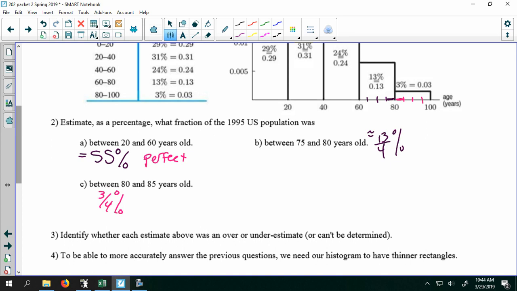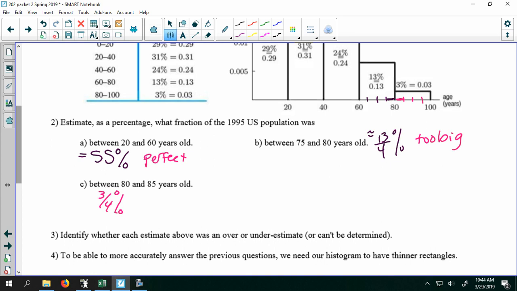Probably more towards 60 because 80 is like pretty old, right? People start to die. So this 13/4% is probably an overestimate. It's probably too big. There's probably more people down at this end than up at this end.